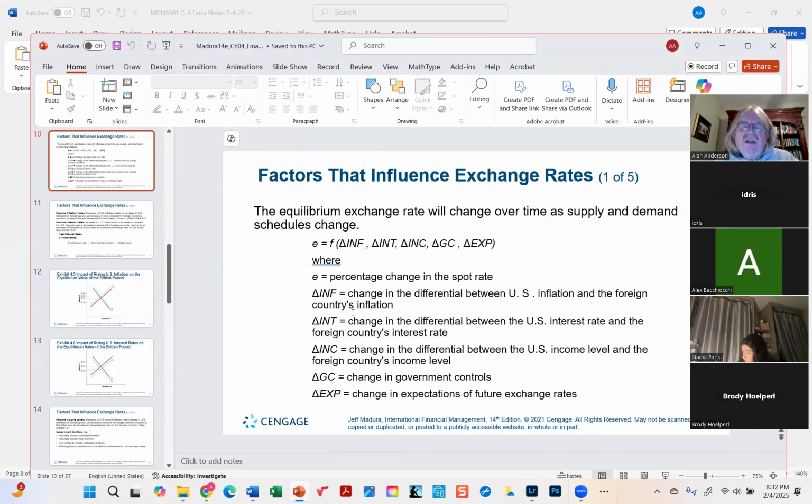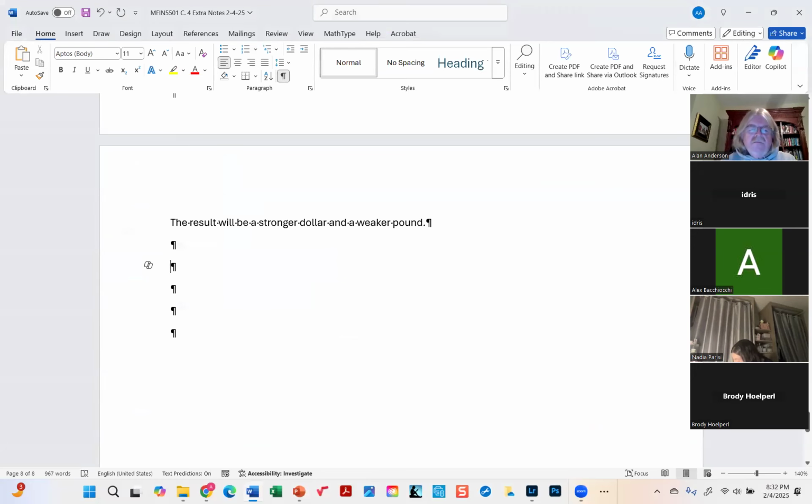Government controls. All right, what is that all about? This mainly refers to tariffs and quotas on imported goods.